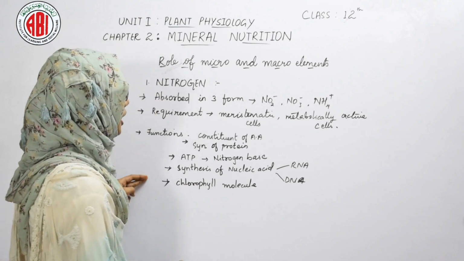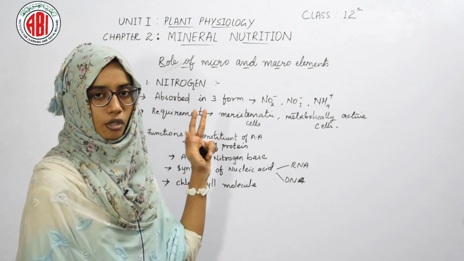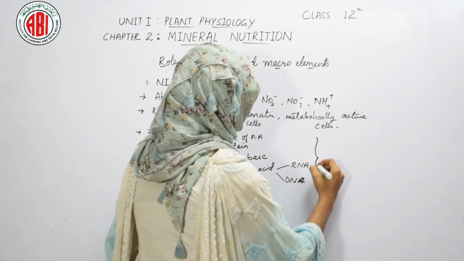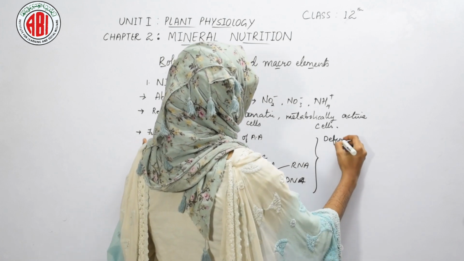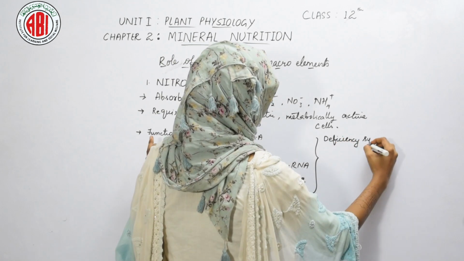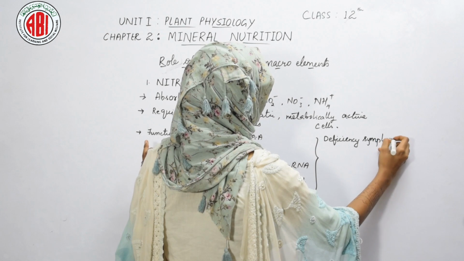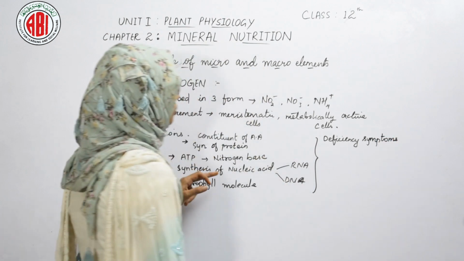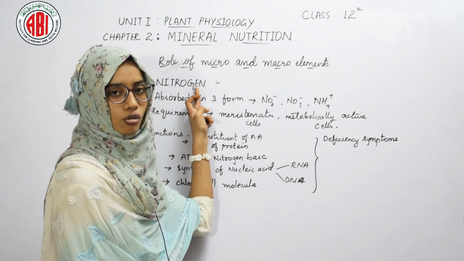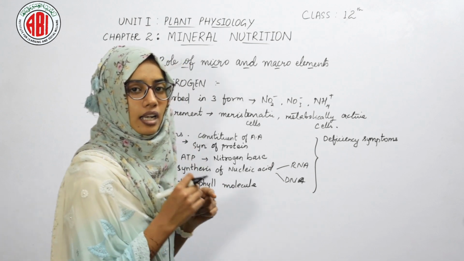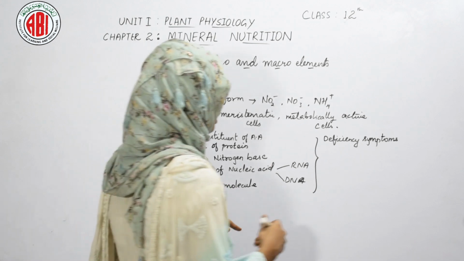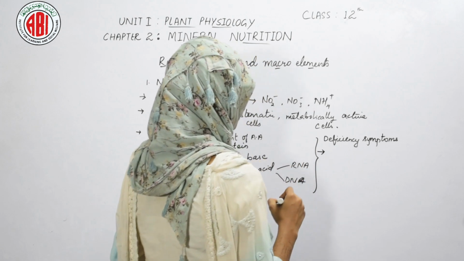So these are certain functions of nitrogen, and by seeing these functions we can easily predict the deficiency symptoms caused due to the deficiency of nitrogen, or due to the presence of a smaller amount of nitrogen in the plant body. So what are the deficiency symptoms?